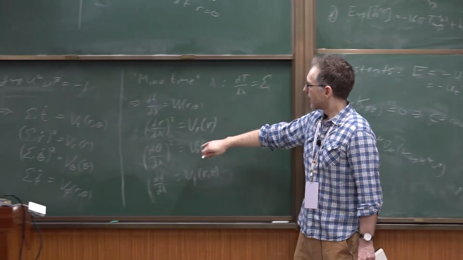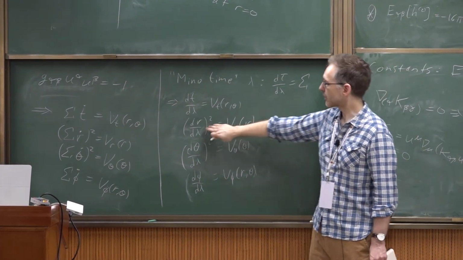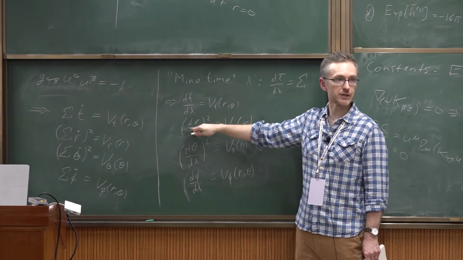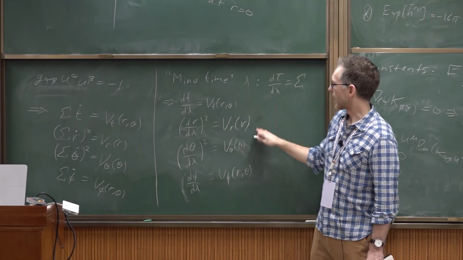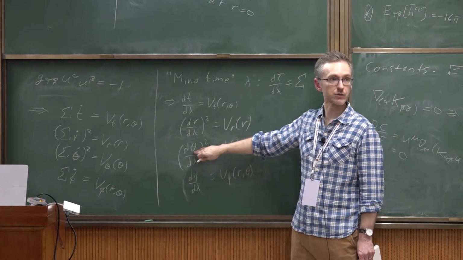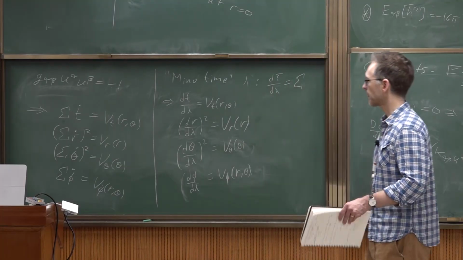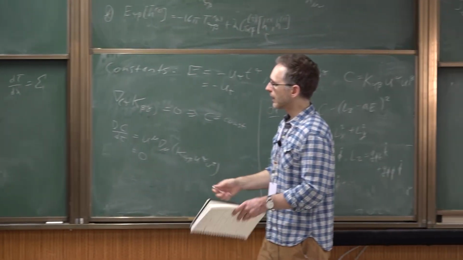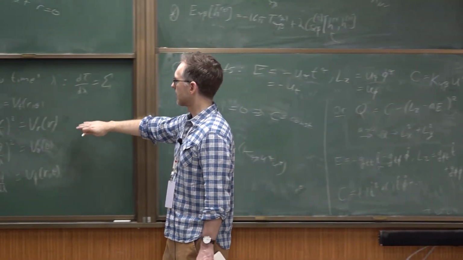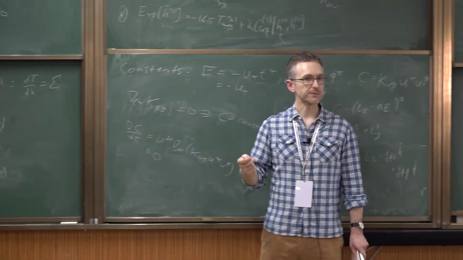Because anytime this function is 0, that represents a turning point where dr/dλ is 0. And similarly, anytime v_θ is 0, that's a turning point of the polar motion. So it's like reaching a maximum or a minimum inclination. And then the number of roots of the right-hand side tell you if you have multiple turning points.